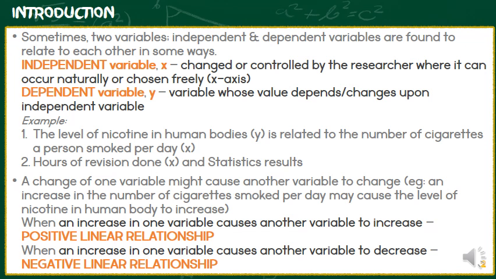So, bila kita cerita pasal correlation and regression, dia mesti involve lebih daripada satu variable. Boleh involve 2, boleh involve 5 dan lebih. Tapi in our syllabus, kita hanya fokus kepada relation ataupun yang involve 2 variable sahaja.